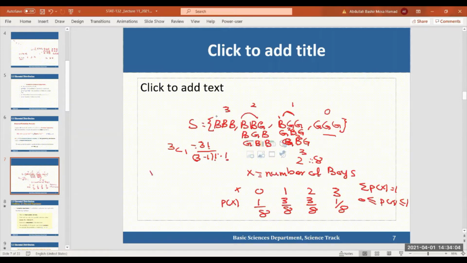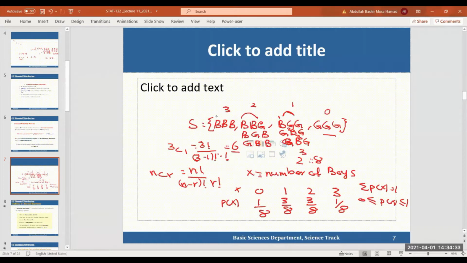In general, nCr equals n factorial over (n minus r) factorial multiplied by r factorial. 3 factorial means 3 by 2 by 1, which is 6.